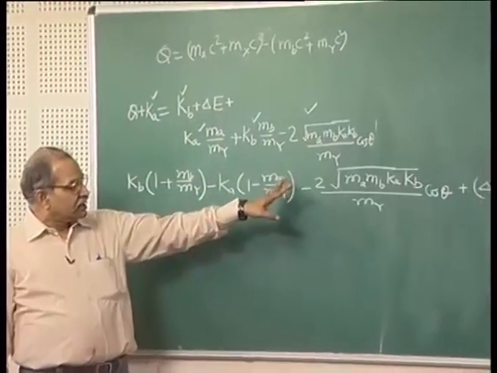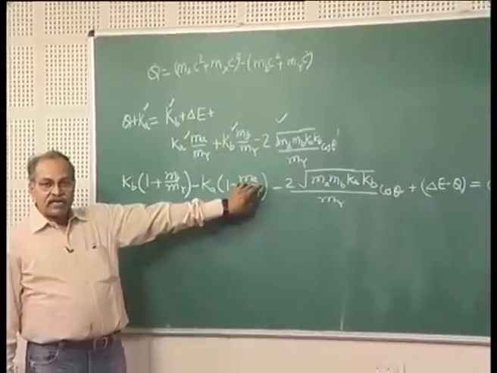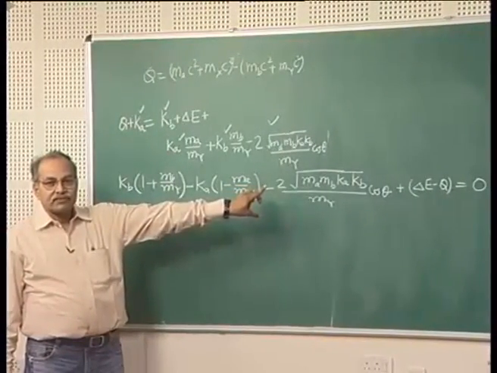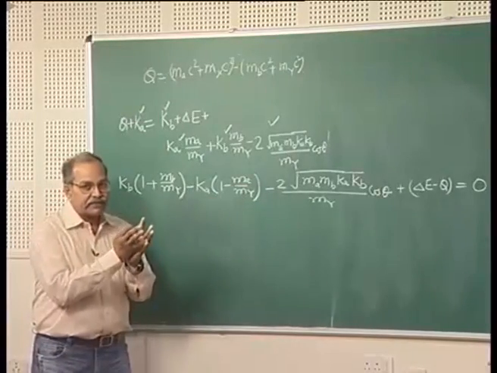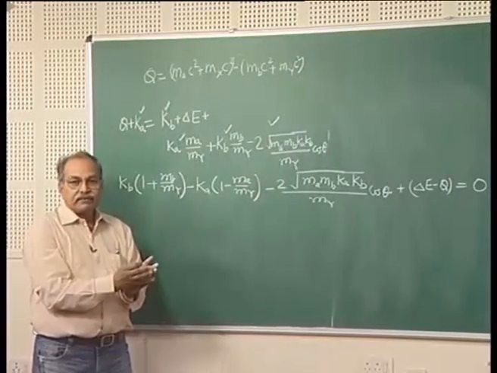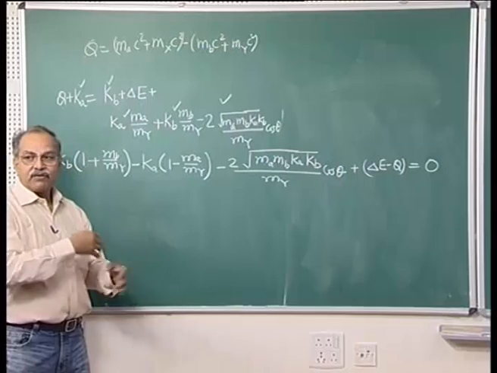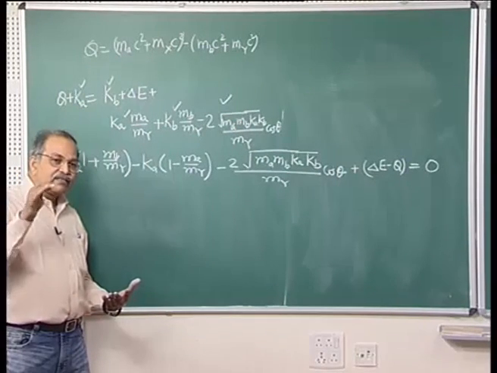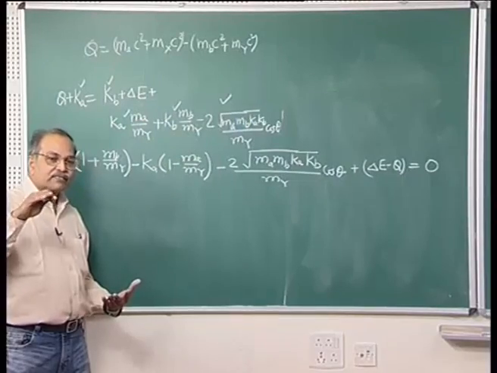So, from this equation I can write what is delta E. So, for a particular kinetic energy observed in the detector, we can work out what is the excited energy level where this particle has gone.